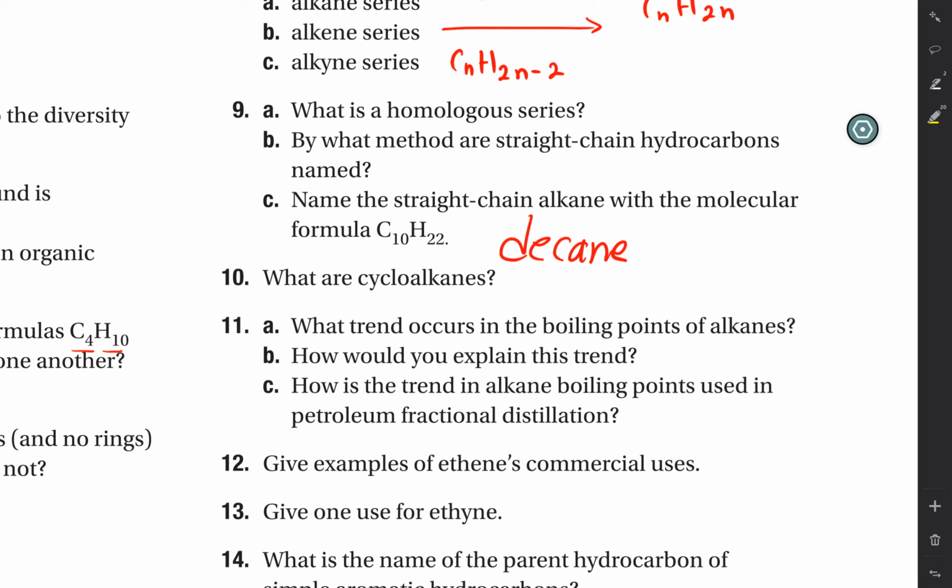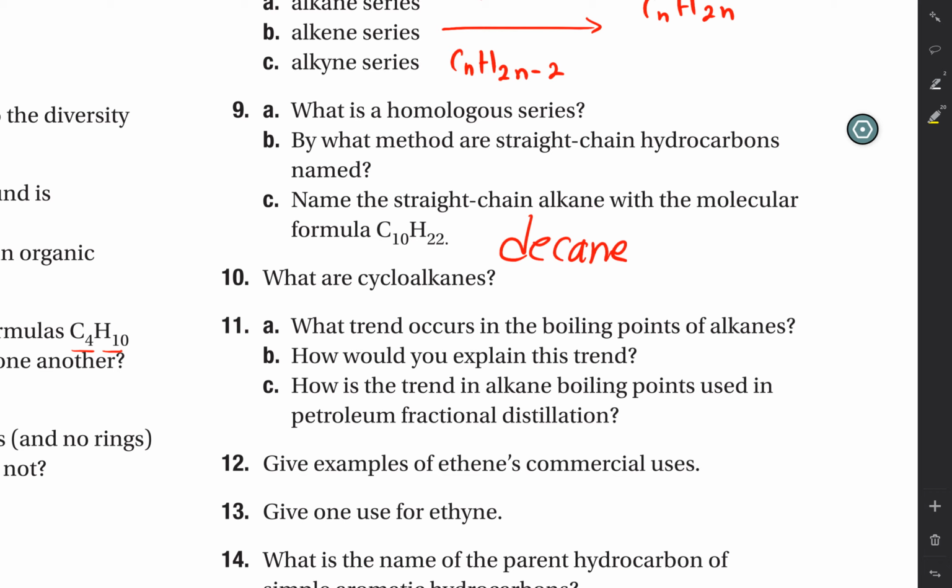And the London dispersion force depends on the number of the electrons inside the structure or how massive is the molecule, because by increasing the number of the carbon, the molecule becomes more massive, the chance of formation of temporary dipole increases. It means the London dispersion force becomes stronger. That's why the boiling point of the alkane increases.